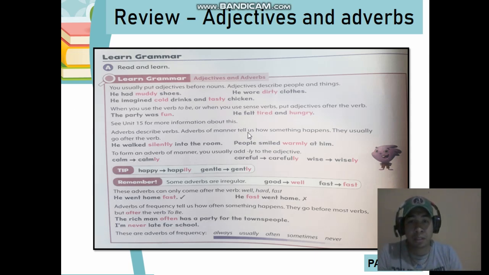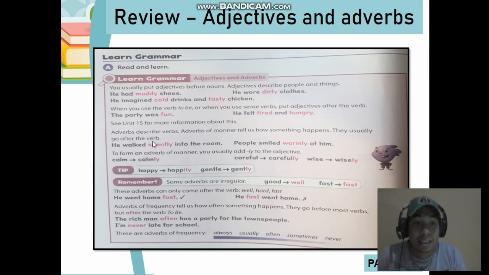Adverbs of manner tell us how something happens. They usually go after the verb. So it's important to remember that these kinds of adverbs usually go after the verb. Let's see some examples. He walked silently into the room. How did he walk?